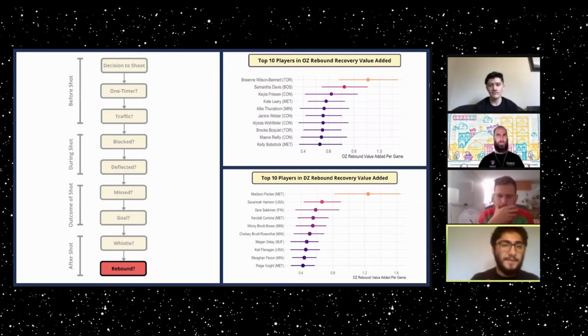Then, once you're in the battle, the two things you need to do to win it: first, initiate contact to get the upper hand right from the start. And once you have the upper hand, it's all about shielding the puck, using your body to protect it by putting it between the opponent and the puck to confirm possession for your team and complete the recovery.